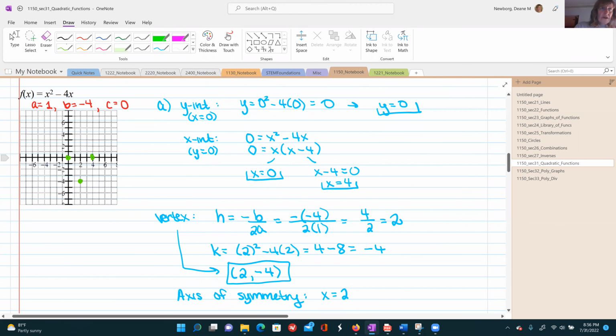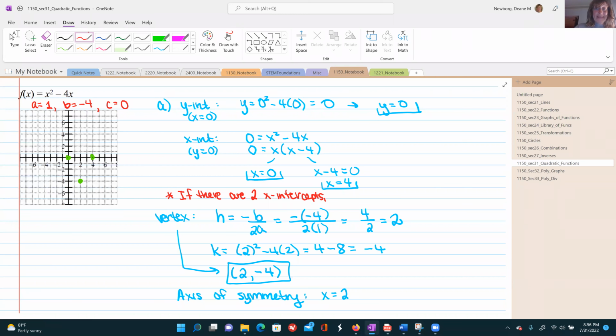One thing I'll make a note of right here is if there are 2 x-intercepts, and there won't always be, your vertex better be halfway between them.